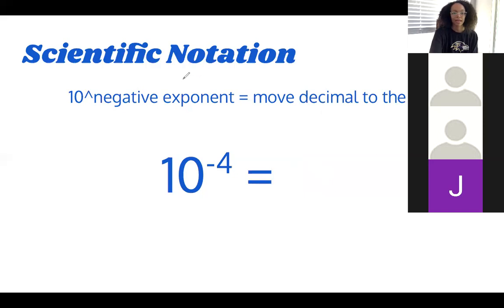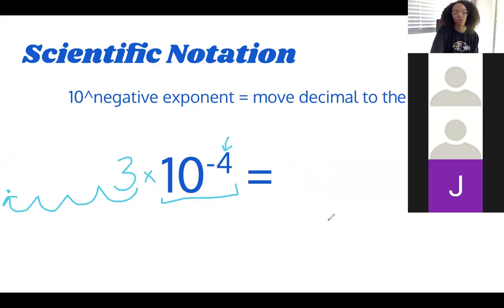If we had, for example, 3 times 10 to the negative 4, this part, times 10 to the negative 4, is telling us we'll move the decimal on our 3, 1, 2, 3, 4 times to the left, okay? So the bigger our negative exponent is, the more times we're moving our decimal to the left, the smaller the number gets, okay?